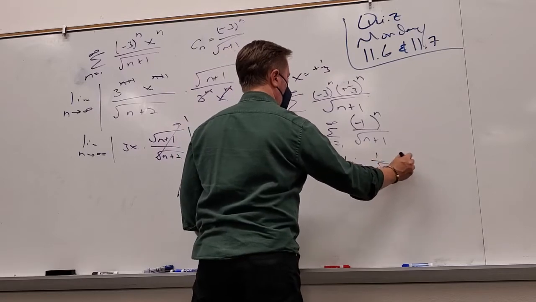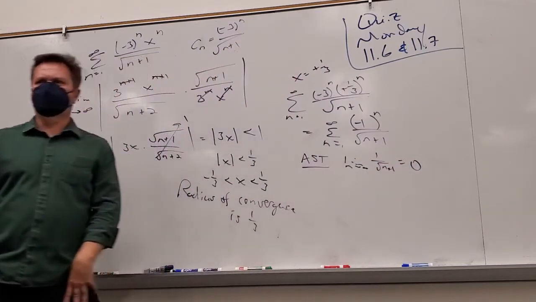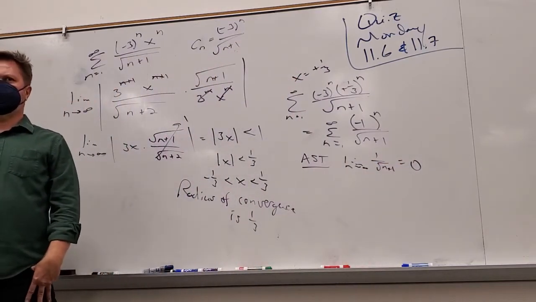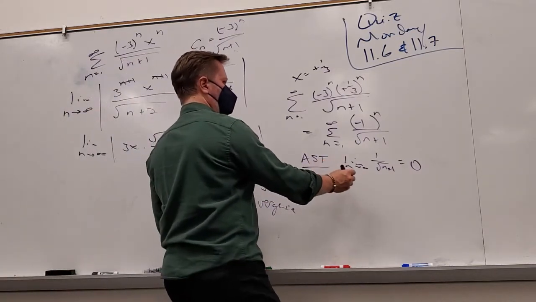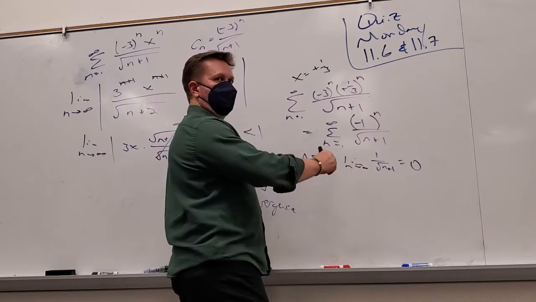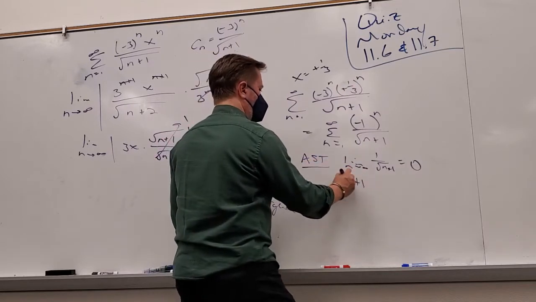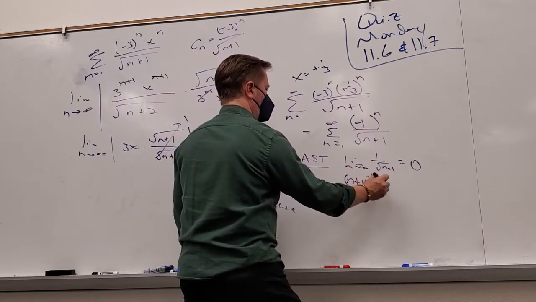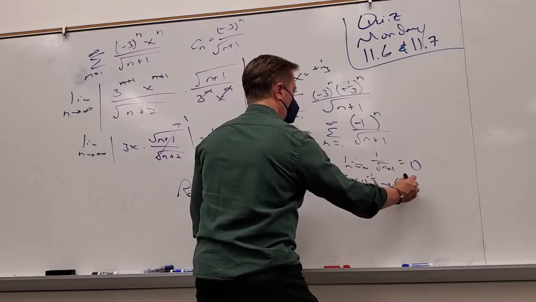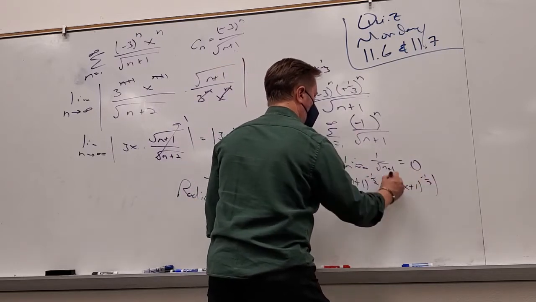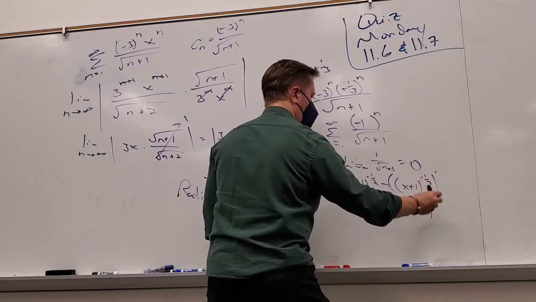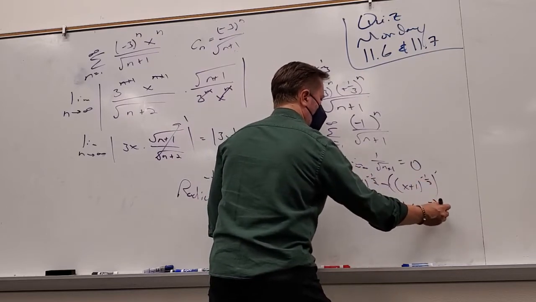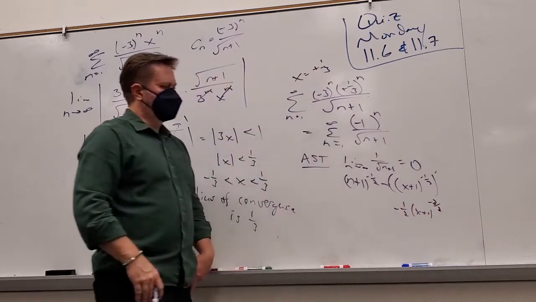If you just said this, I will leave you alone. That's painfully obvious that the limit is 0. What else has to be checked? Whether it's decreasing. It is decreasing. So I have n plus 1 to the negative 1/2. If I look at x plus 1 to the negative 1/2, the derivative is negative 1/2 times x plus 1 to the negative 3/2.